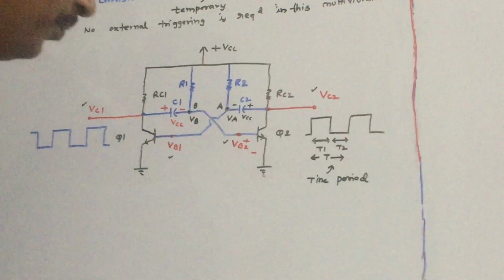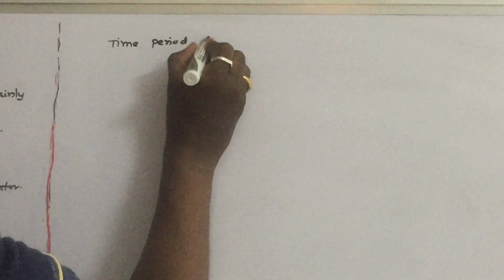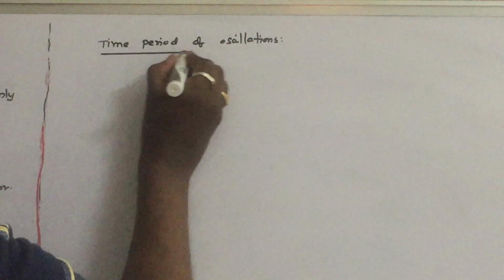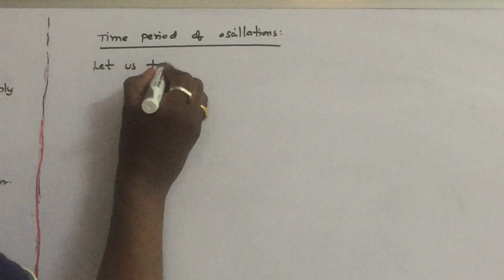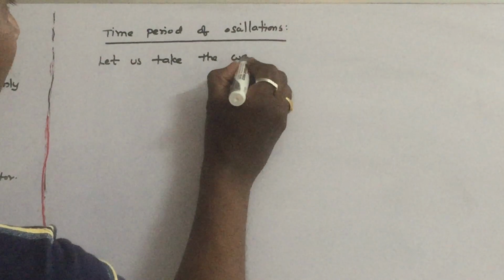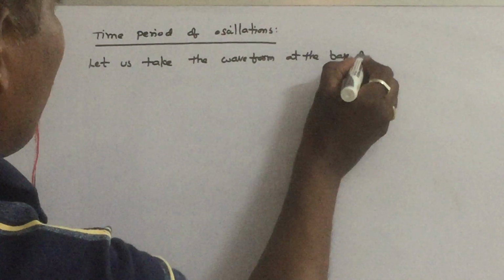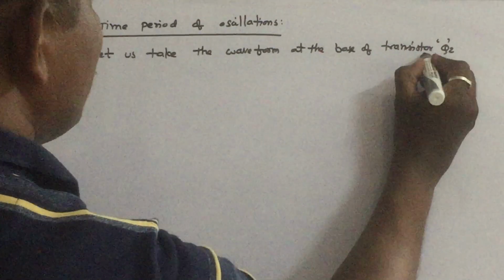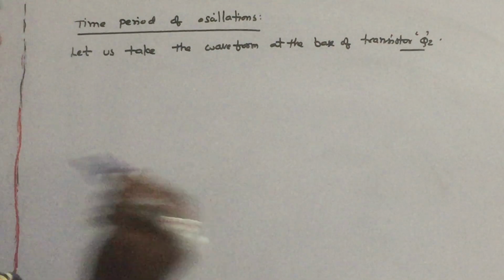For this purpose, let us take the heading as time period of oscillations. In order to derive the time period of oscillations, let us take the waveform at the base of transistor Q2, which we have drawn earlier.